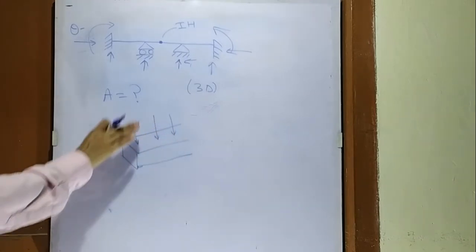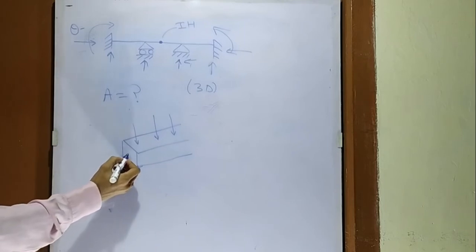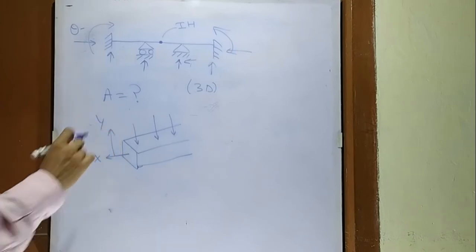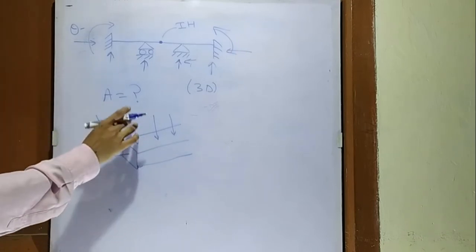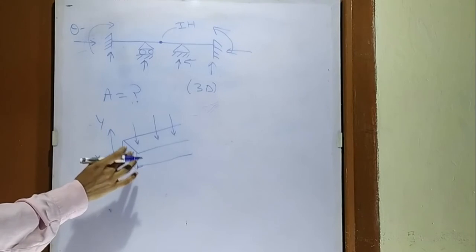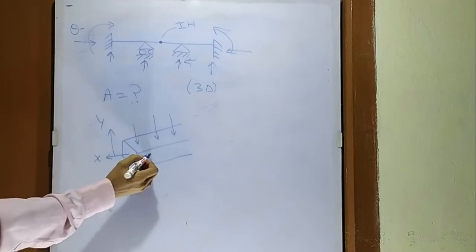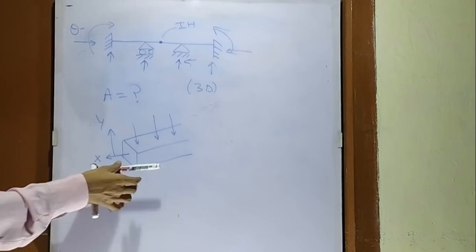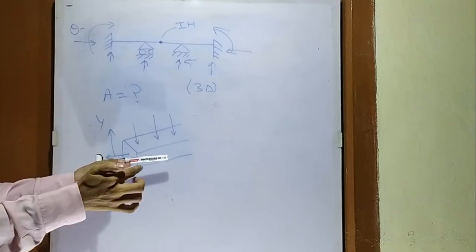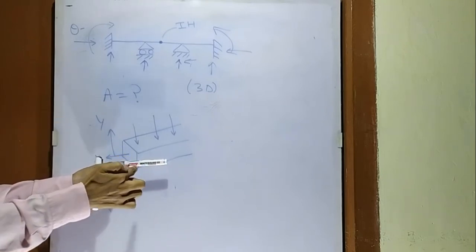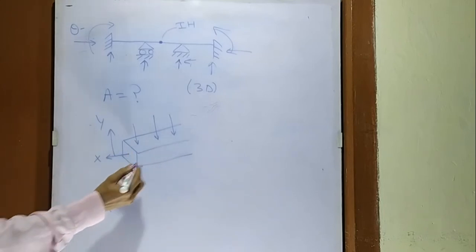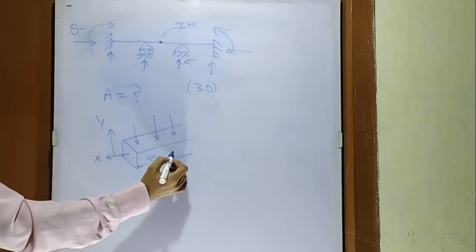If this is the x direction and this is the y direction, we generally consider the loading acting in the y direction, vertical loading. But there may be a case in which the loading acts in the direction perpendicular to the x axis.